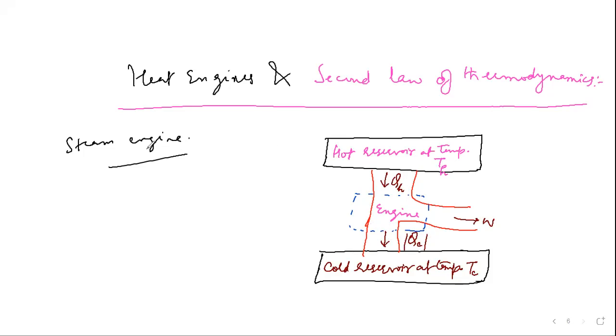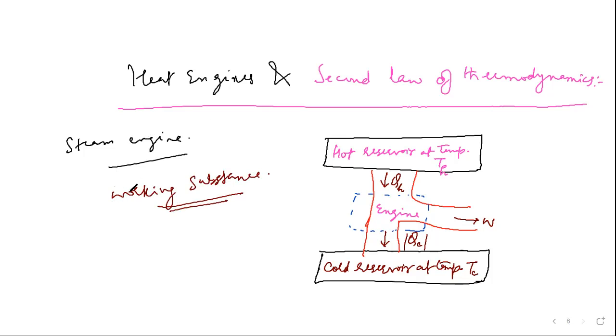I explained to you, for example, if you take the example of steam engine or any other engine, in these engines there is some working substance. That working substance in case of steam engine is water.